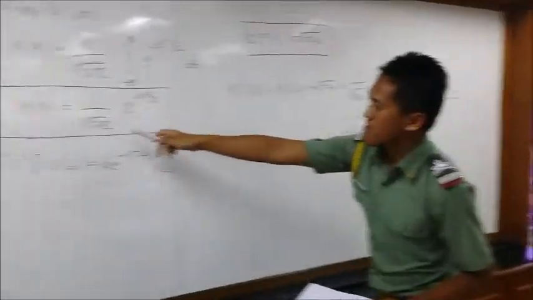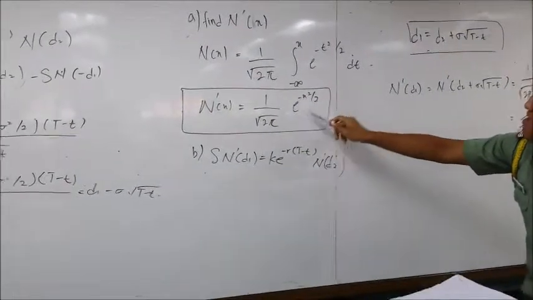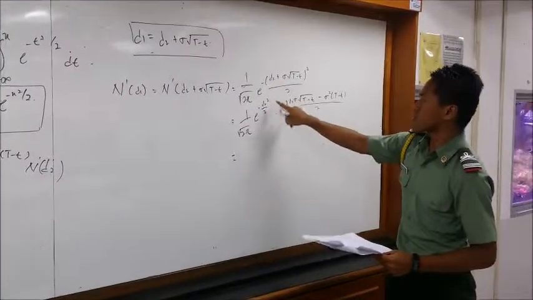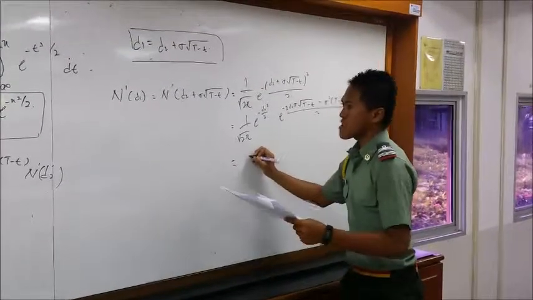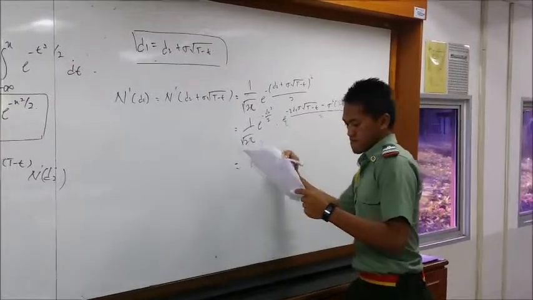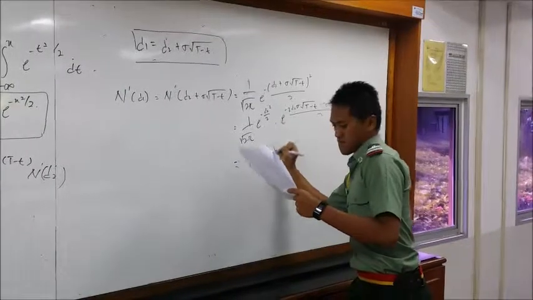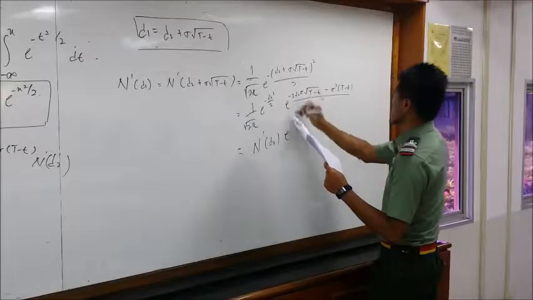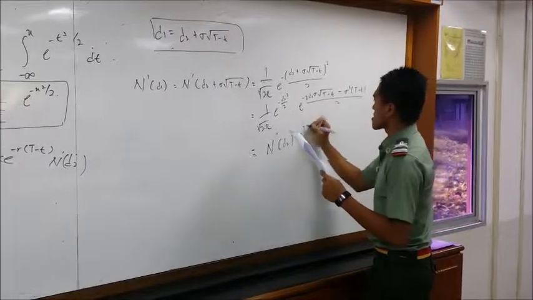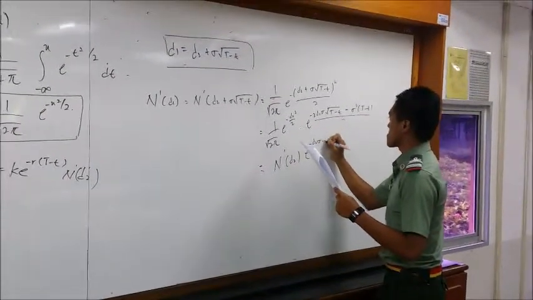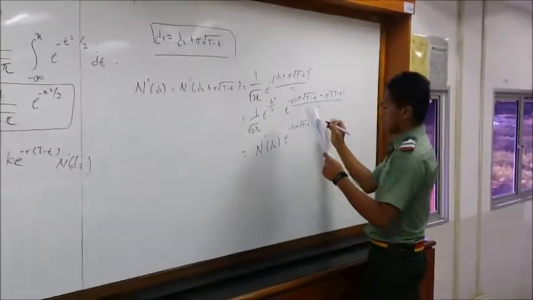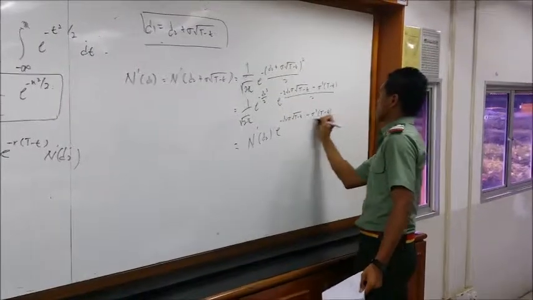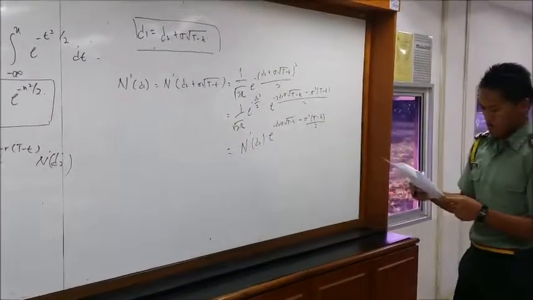See that N prime x equals 1 over square root 2 pi e to the power of minus x squared over 2. Same as this, right? 1 over square root 2 pi e to the power of minus d2 squared over 2. So just write that as N prime d2. Then we can cancel off and separate this e to the power of minus d2 sigma square root of (T minus t) minus sigma squared (T minus t) over 2.